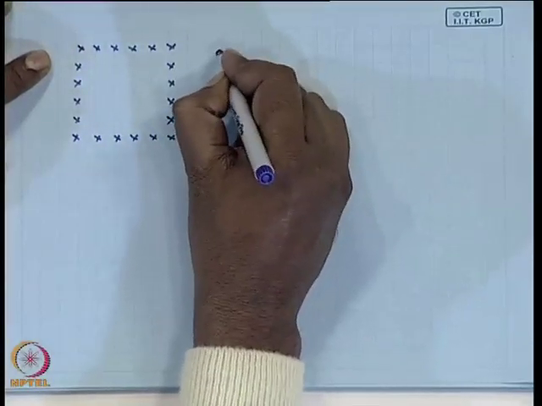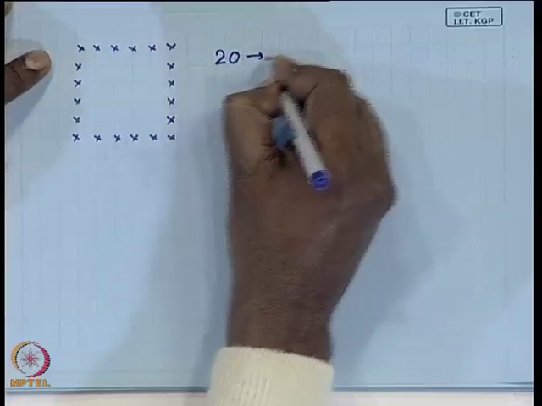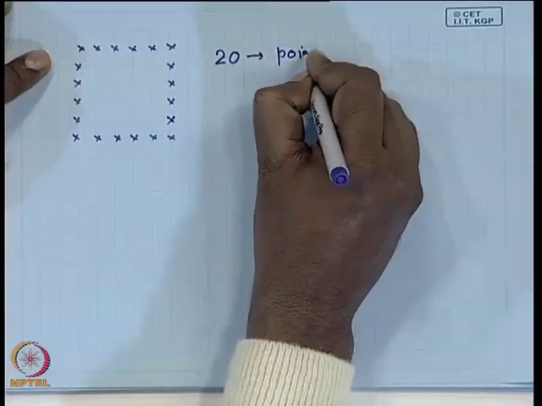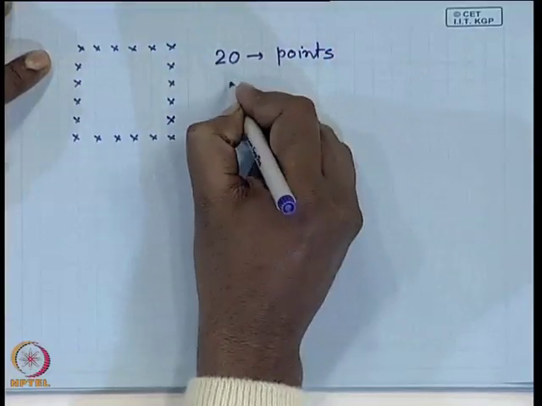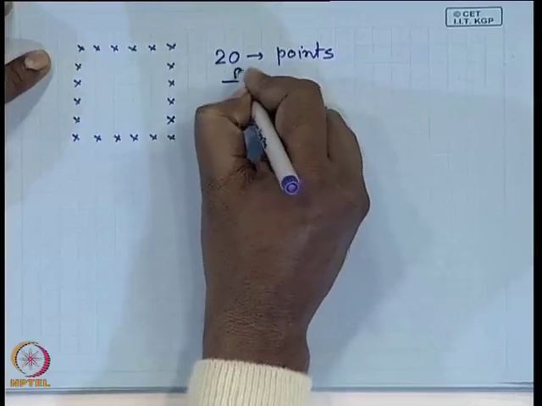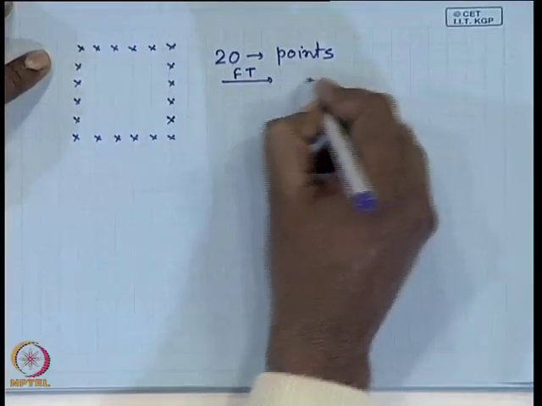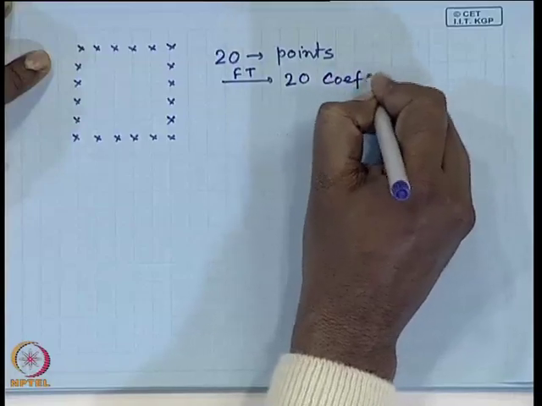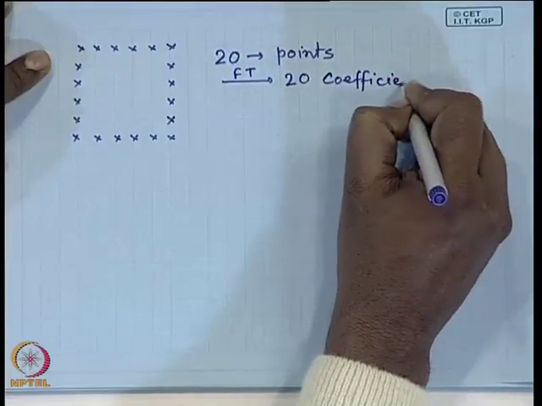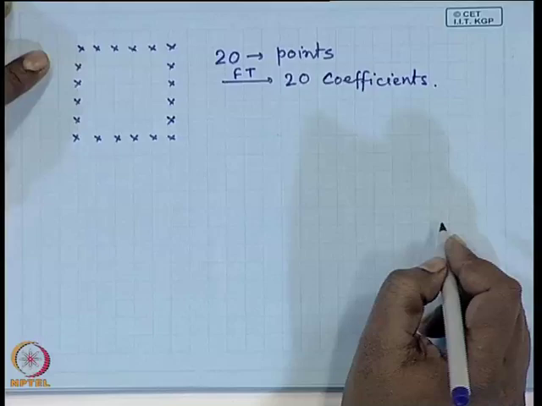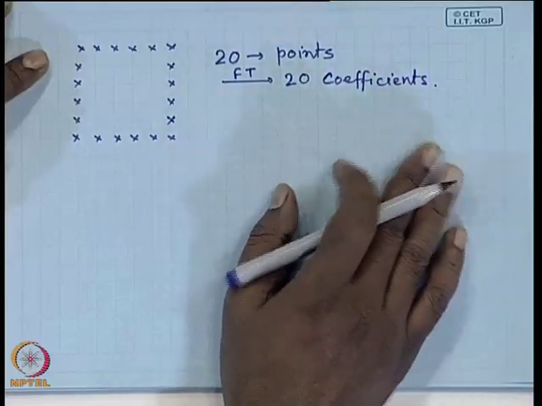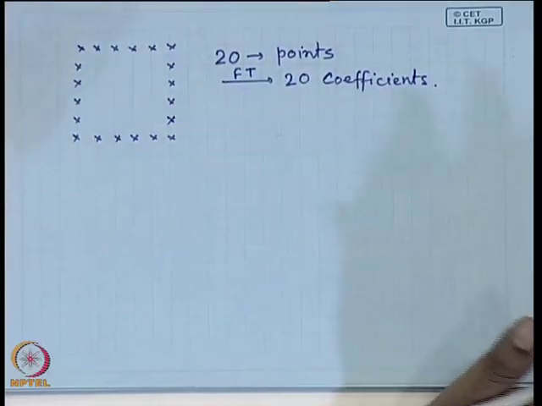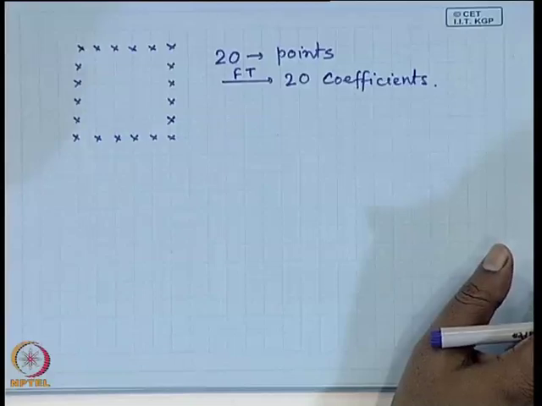So, square boundary having 20 boundary points. When I take the Fourier transformation, it will give me 20 coefficients.